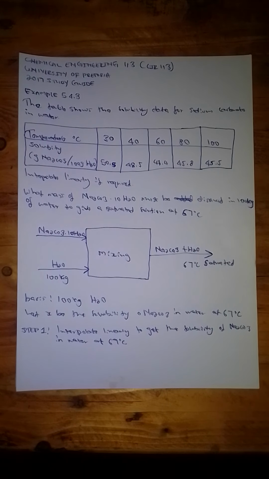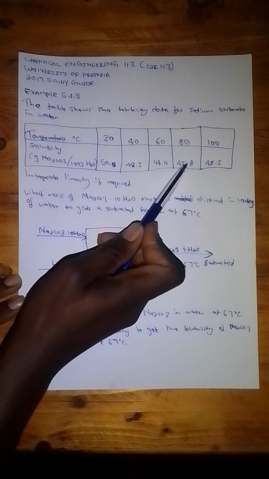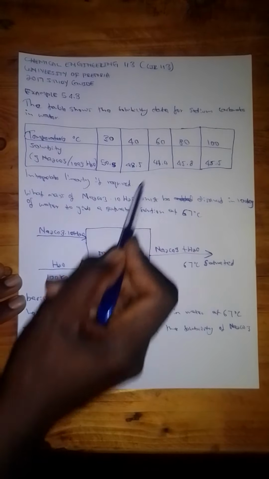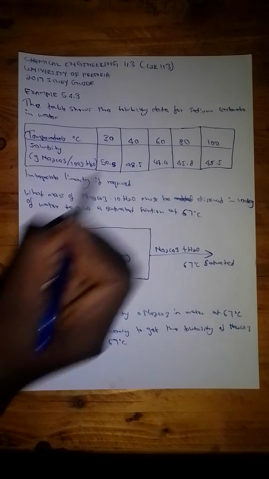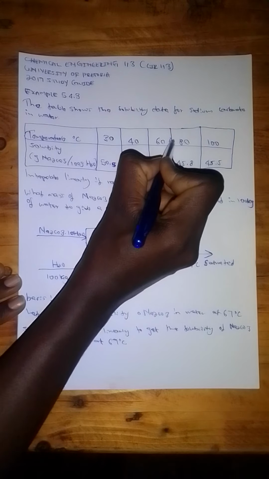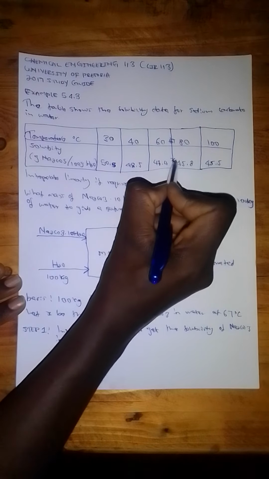As far as we know interpolation, you can always say 80 minus 60 all over 45.8 minus 46.4 is equal to, and then we'll interpolate. Let's realize that 67 degrees is somewhere here, and our X is somewhere here.